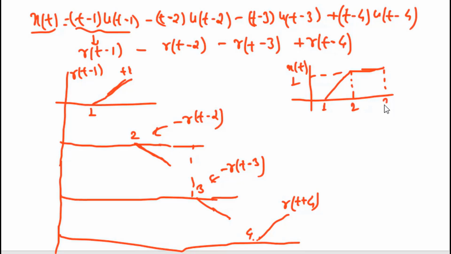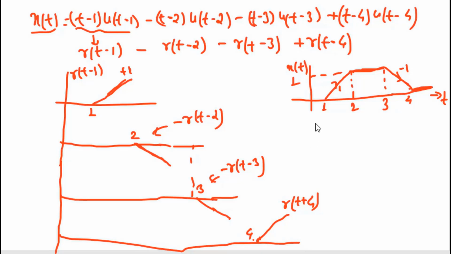But at 3, you are adding an extra slope to this 0, so the slope will be minus 1 till 4. And at 4, you are adding plus 1 to the minus 1 slope, so it is again slope 0. So this is your x of t graph.